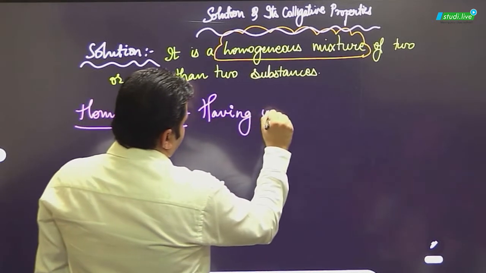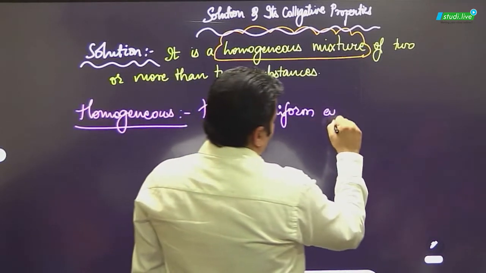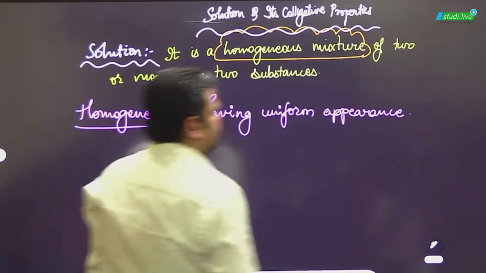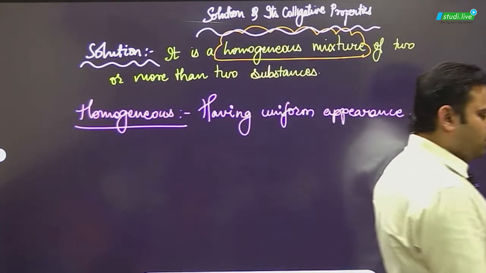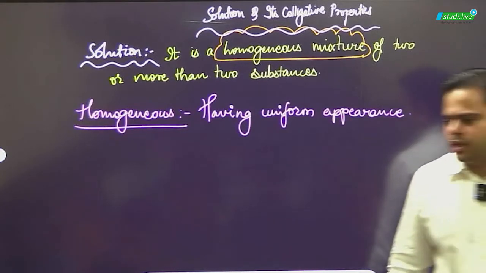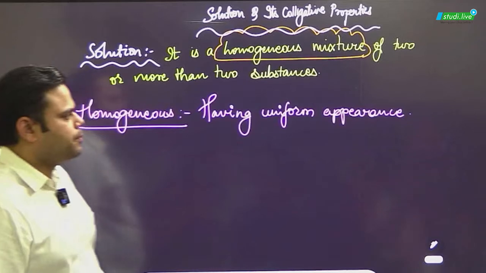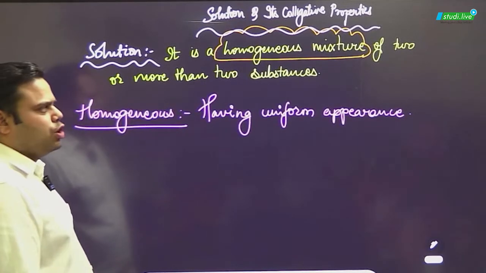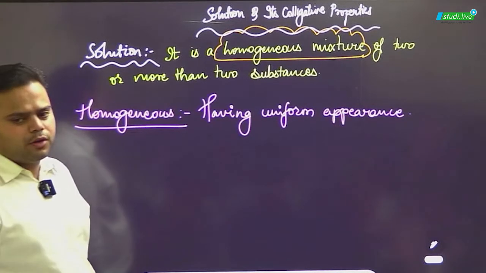Having uniform appearance. A homogeneous mixture is a mixture which is having uniform appearance. So a solution is a homogeneous mixture. Homogeneous means having a uniform appearance.